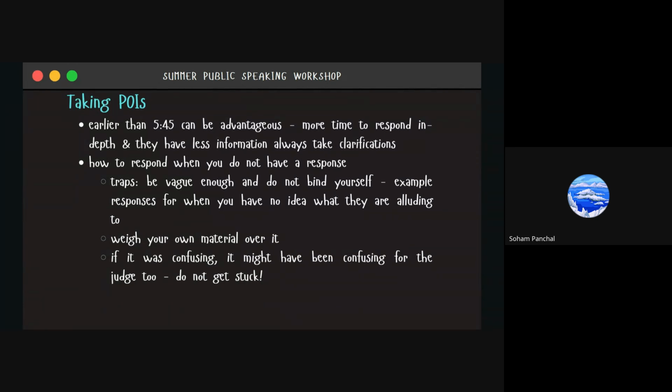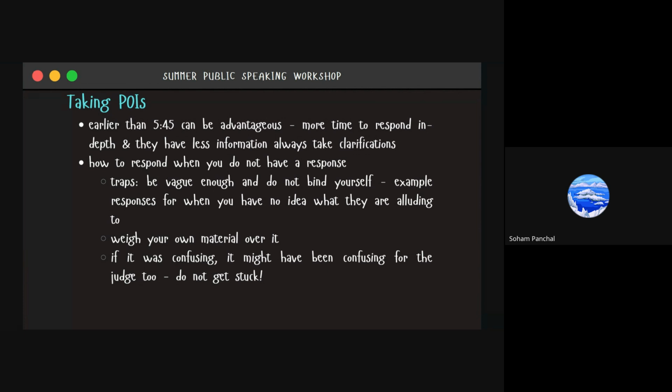Now, what to do if you do not know how to respond to a POI? First of all, as I mentioned, if it is a trap POI and you can spontaneously get the rebuttal and take down that assumption, then go on and do it. But if you're not able to, then put down examples. For one of the trap POIs I mentioned, if you support alcohol, do you also support drugs?